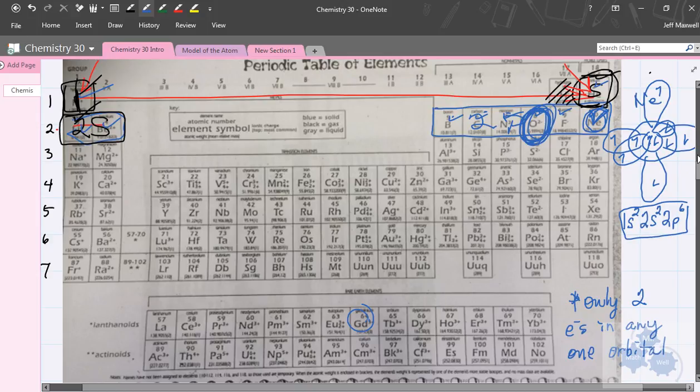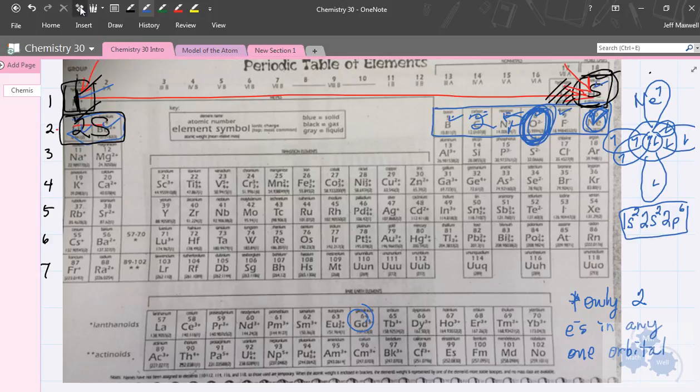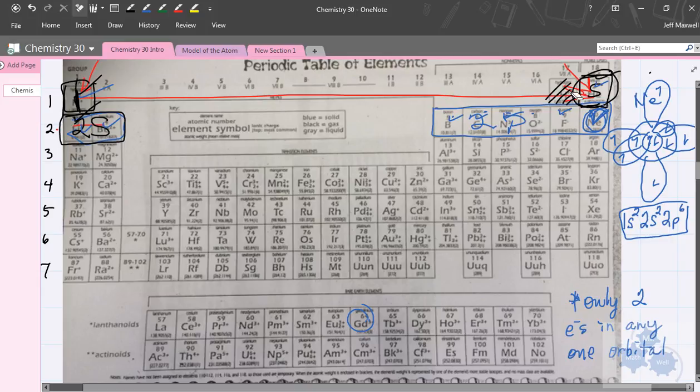All right. But let's just get back to filling order specifically. So we've got the 1s, and then the 2s, and then the 2p. Getting back to it, now 3s is next. And then we go over here, and guess what this would be?